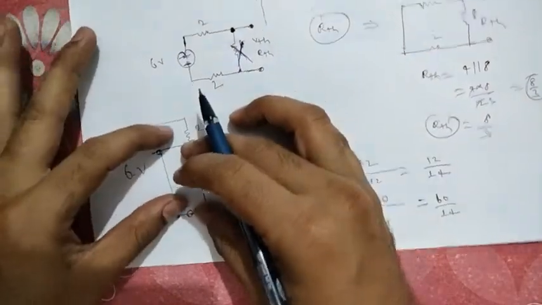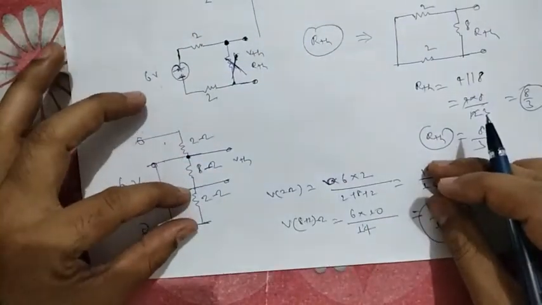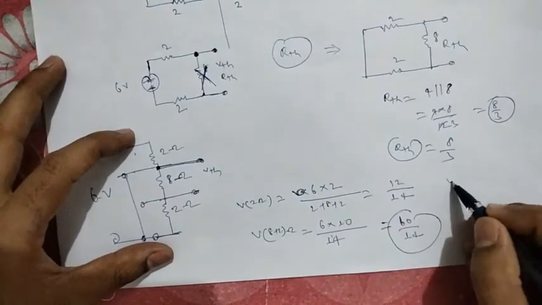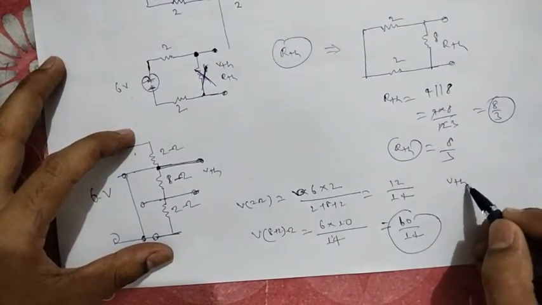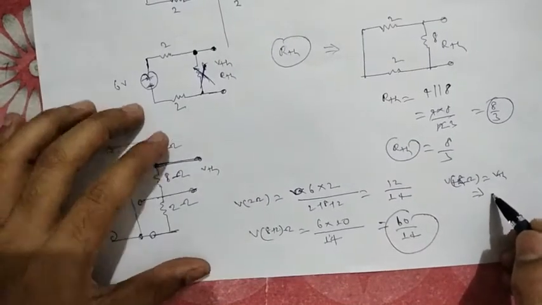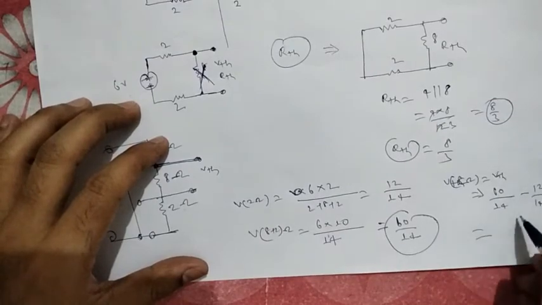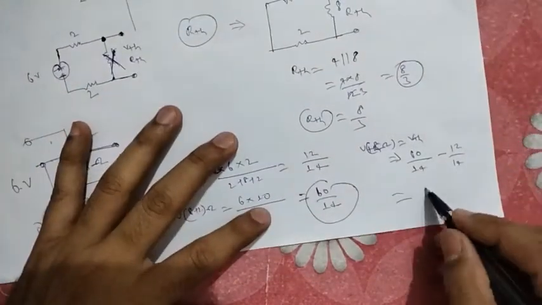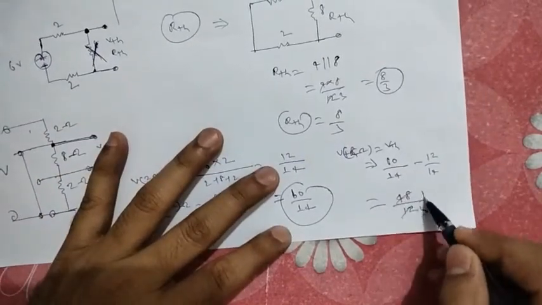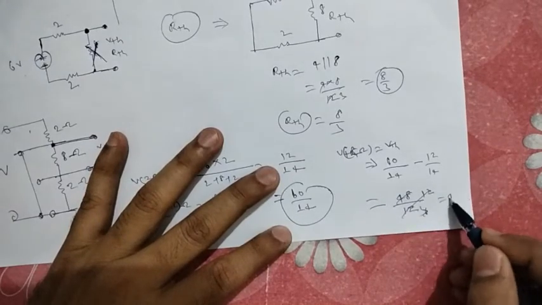So this is the total voltage across these two resistances, and across 2 is this. Then the voltage across the 8 ohm will be nothing but VThevenin. It is 60 by 14 minus 12 by 14, which is 48 by 12, and it comes to 4 volt.